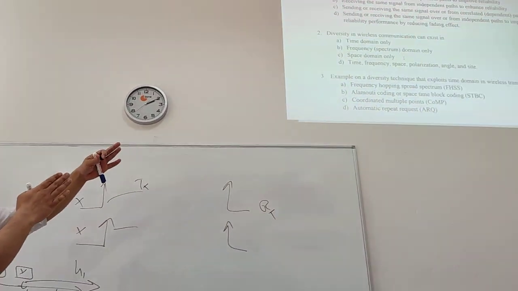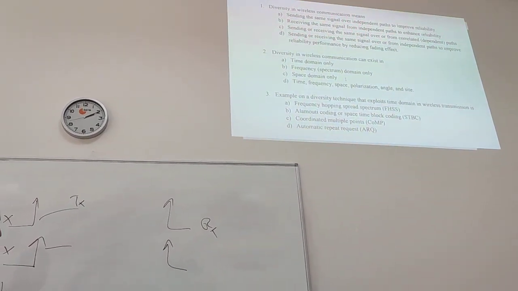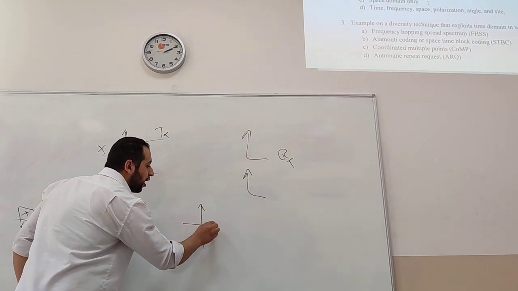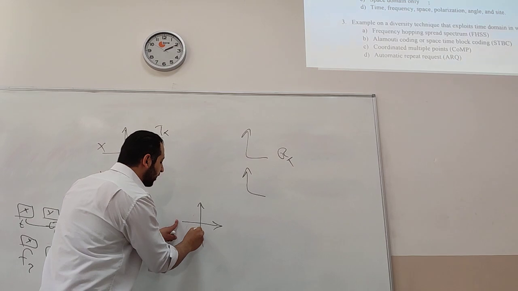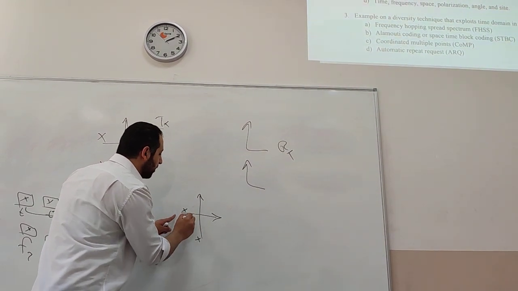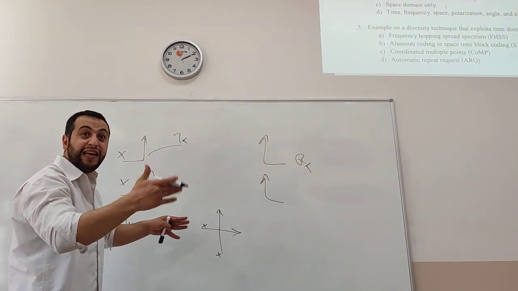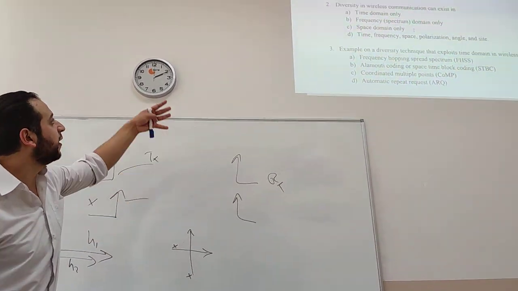So the same thing can happen also in polarization. We know an antenna can be polarized vertically or horizontally. So if you send the same signal X from here and X from here, this means that you are sending the same signal in an independent way, and this is also a type of diversity.